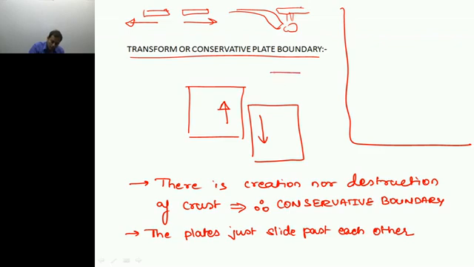When the plates are sliding past each other, the plate is neither going inside the mantle nor is there opening up of the earth. So as a result of this, the conservative plate boundaries are not associated with volcanic eruption.